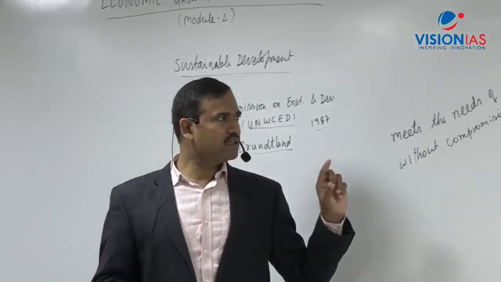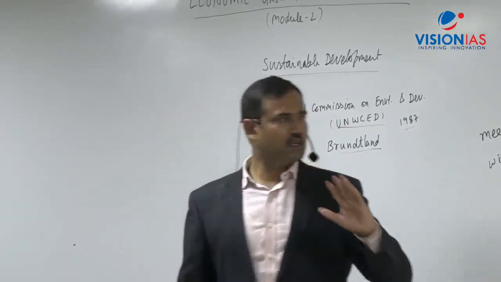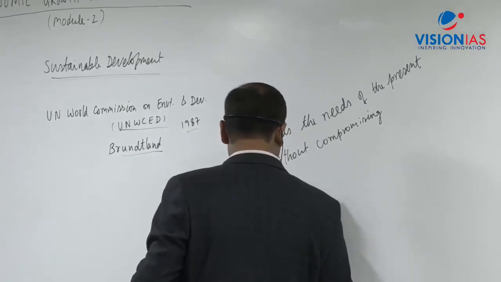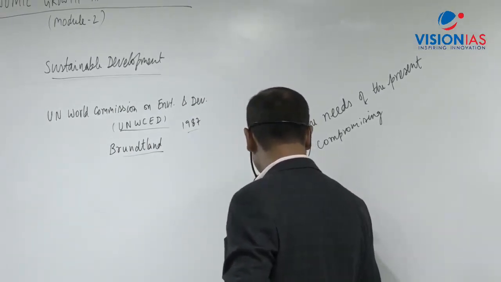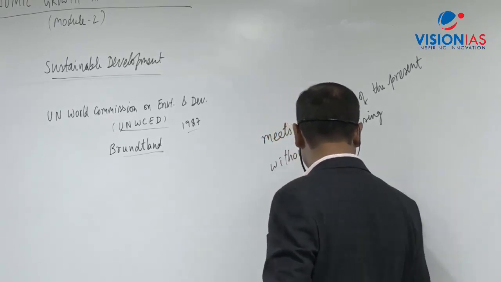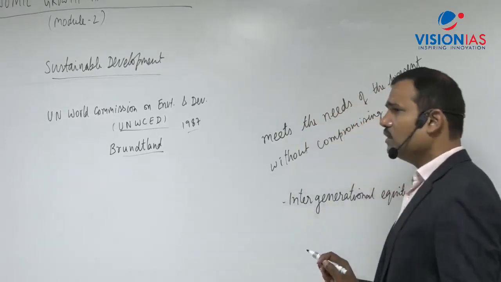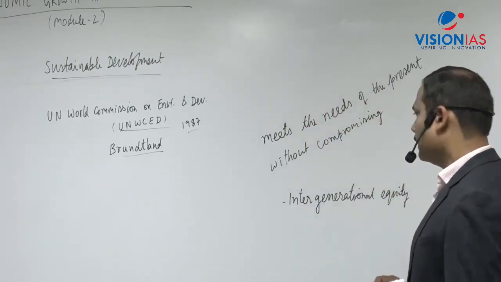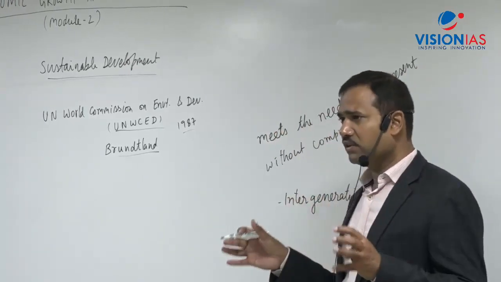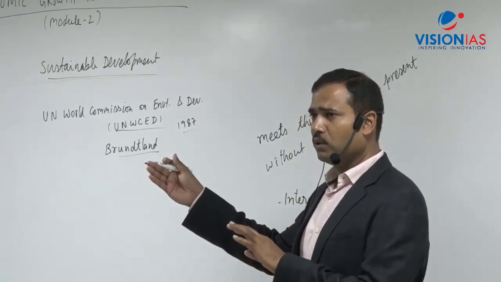So can we say it is related to what? Intergenerational equity. Yes. So mention that it calls for intergenerational equity. Intergenerational equity means that whatever opportunities this generation has, future generations should have similar opportunities for development, because we should not reduce opportunity.